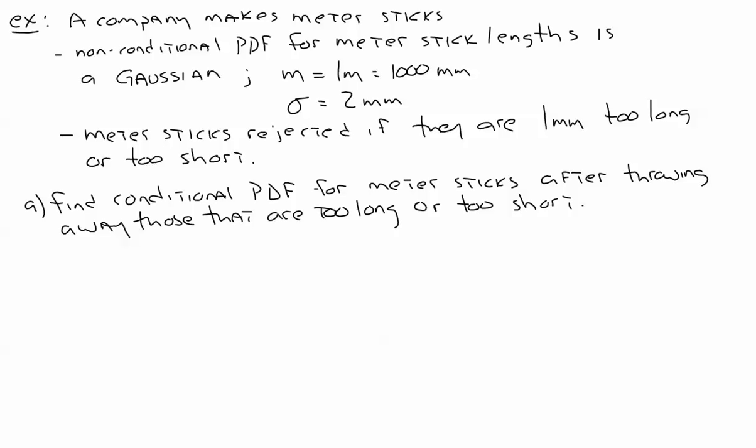So I want to find the conditional PDF for the meter sticks after throwing away those that are either too long or too short. So my conditional, well, let's do this.